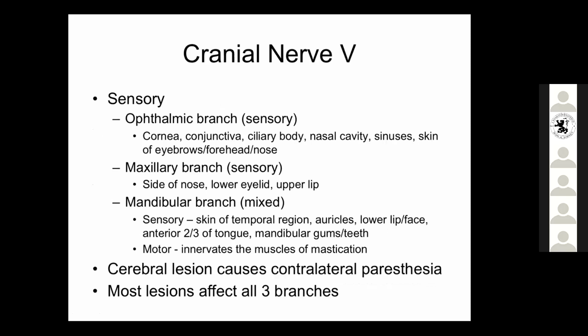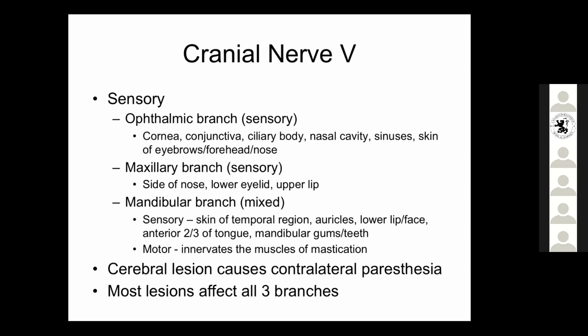Constriction of the pupils can be seen sometimes in intoxication or trauma. Cranial nerve 5, the trigeminal nerve, as we all know, has 3 branches: ophthalmic, maxillary, and mandibular. Each one is tested separately. We test the sensory function by asking the patient if they can feel us touching their forehead, their orbits, and their jaws.